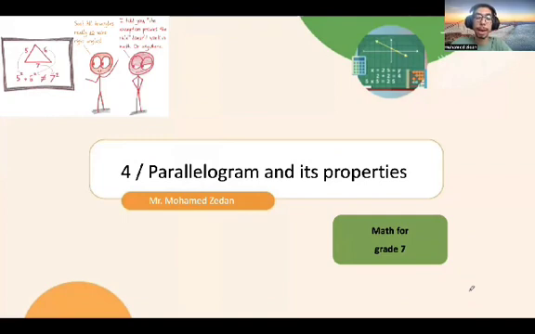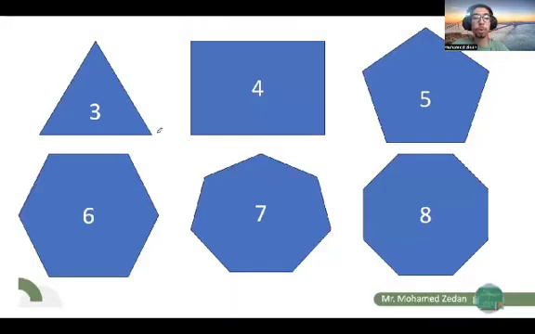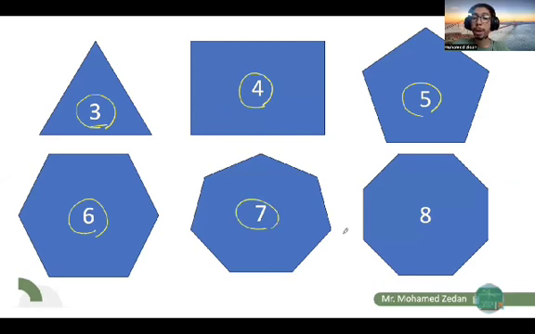Today, God willing, we'll speak about lesson number 4, which is entitled parallelogram and its properties. At first, let me make a quick revision about the polygon. As we know, a polygon is a closed shape consisting of three sides or more, like triangle, quadrilateral, pentagon, hexagon, heptagon, octagon, and so on.